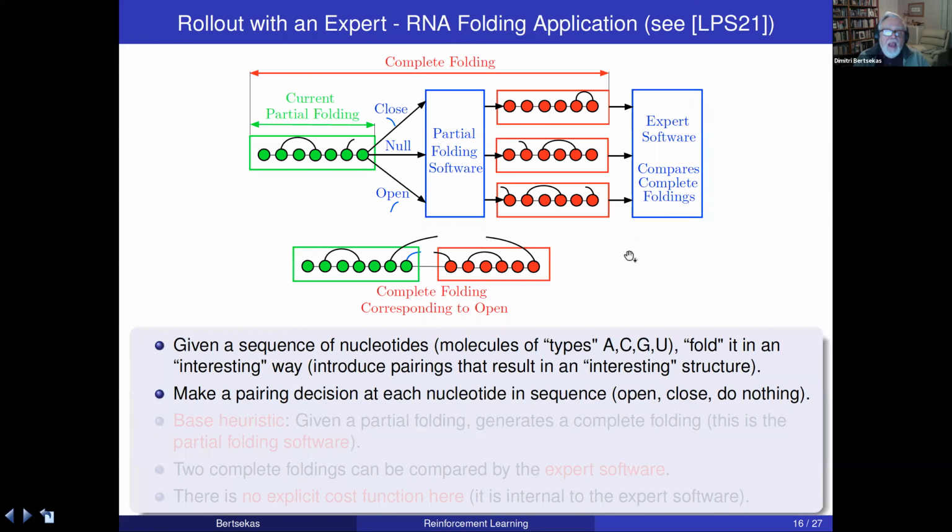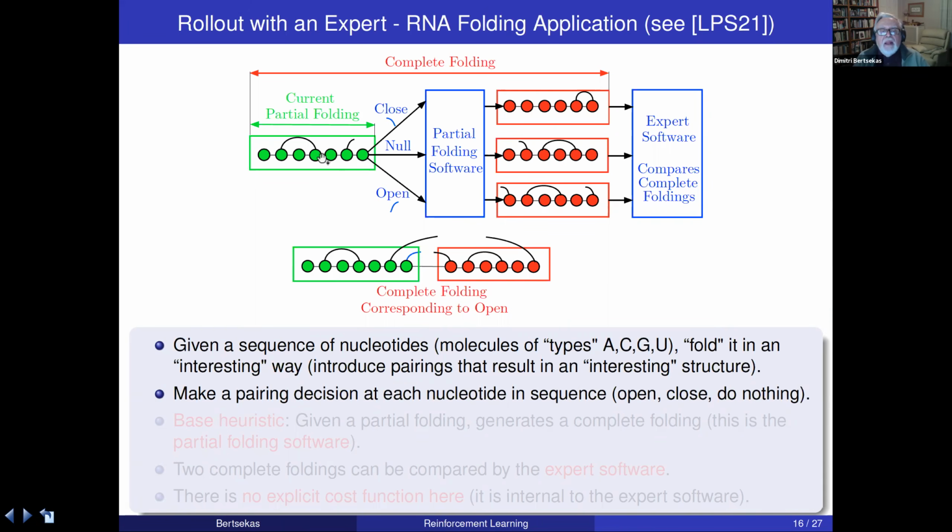So we can do this one step at a time, taking a partial sequence as our state, together with partial decisions, like here there's a pairing of that kind, here's a pairing of that kind, and so on. And then what we're going to do is enlarge this sequence by one more letter. So what does that mean?